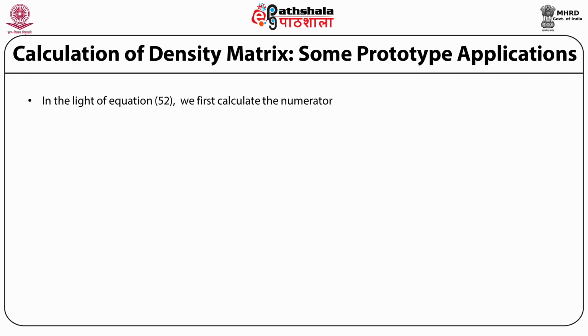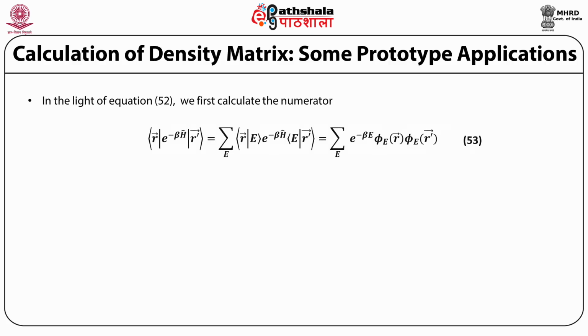In the light of equation 52, we first calculate the numerator, that is, the matrix element of e raised to power minus beta H between the states R and R dash, which is equal to summation over E of R e raised to power minus beta H operator E R dash, which is equal to summation over E of e raised to power minus beta E phi E of R phi E star of R dash.